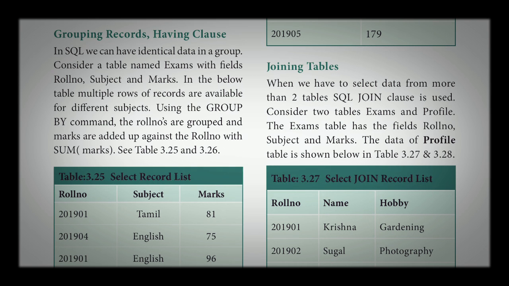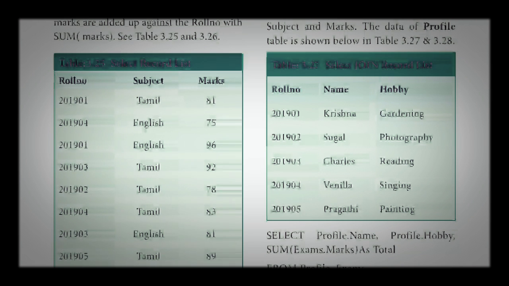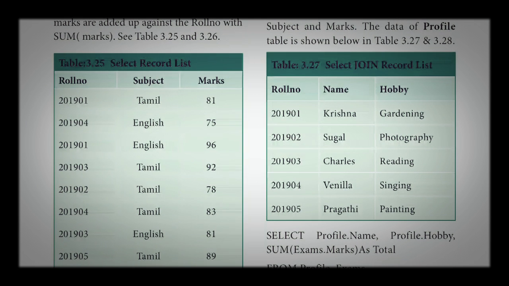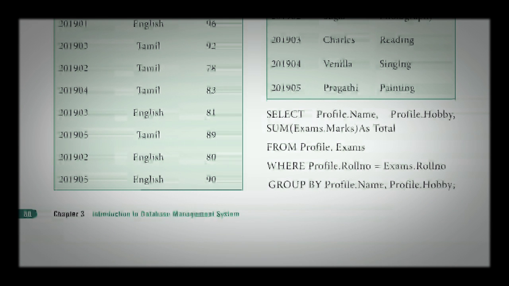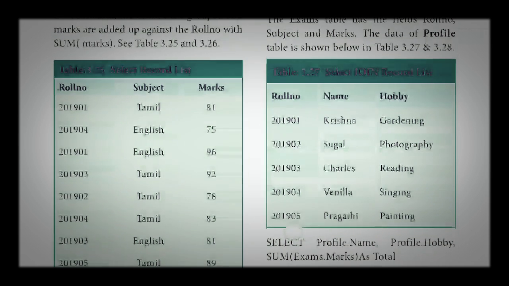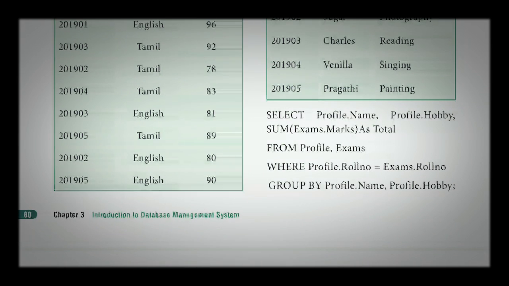The join table command will get you two tables and make them one table. So select profile.name and profile.hobby, sum of exam.mark as total.